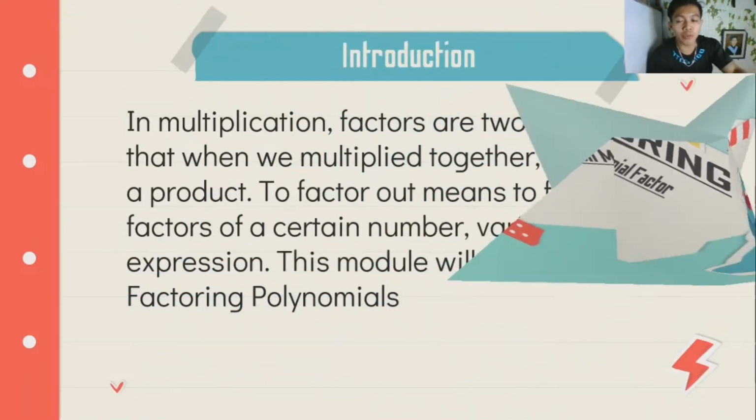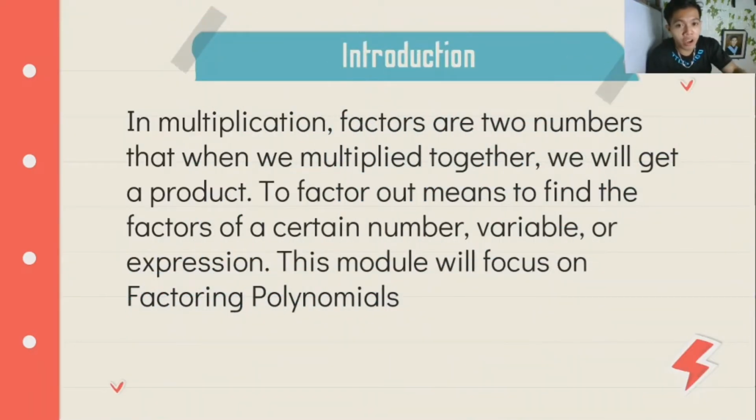So introduction muna tayo. In multiplication, factors are two numbers that when we multiply together, we will get a product. To factor out means to find the factors of a certain number, variable, or expression. No? So, ulitin ko lang ito. Sa multiplication, yung factors daw, yun yung two or more numbers that when you multiply together, you will get a product.